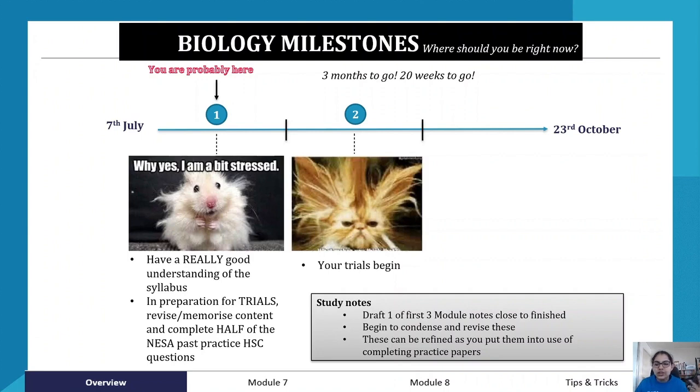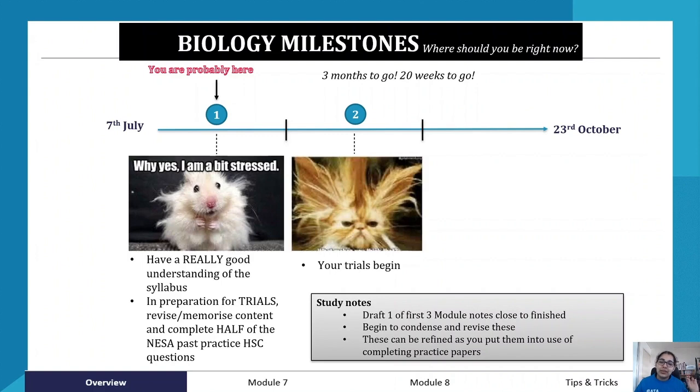And I know, sure, it's worth usually 25% or something in your grades in class, so in terms of the assignments, but nonetheless, remember, 50% of your overall mark is still locked away until you get to the HSC. It's in that treasure chest and you have the key to open it.